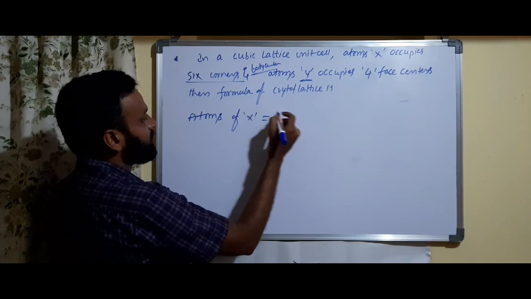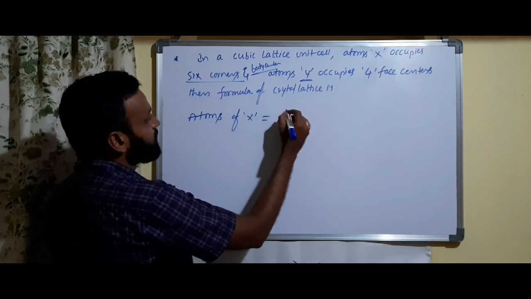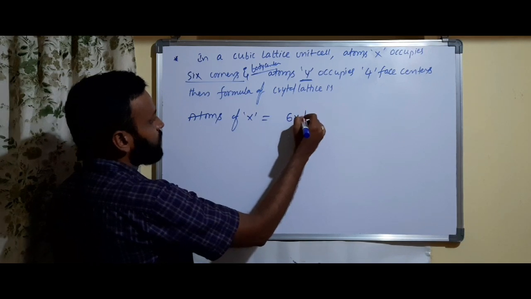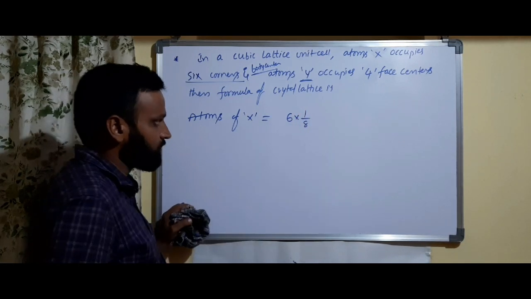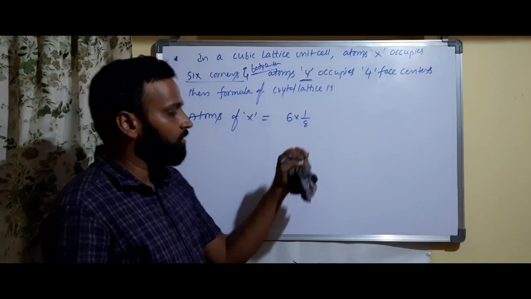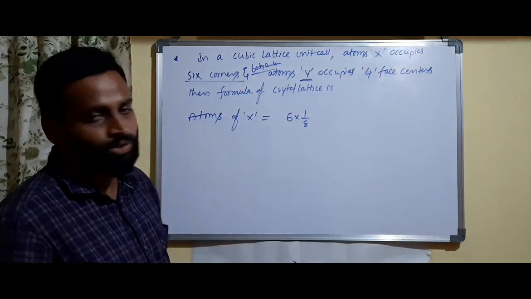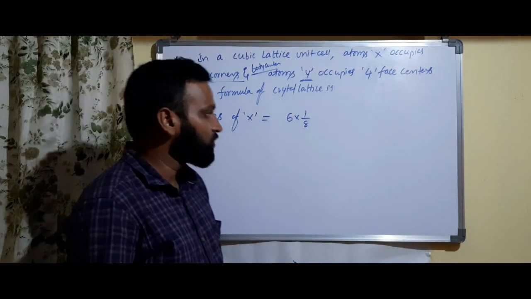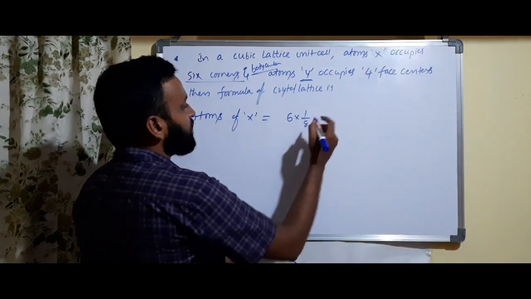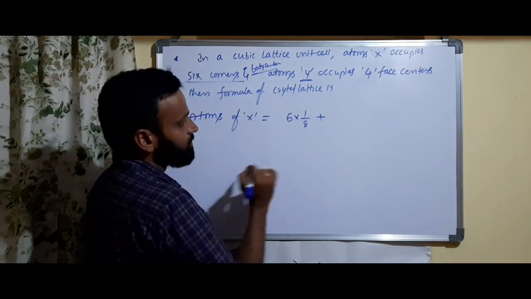How many do you have? 6 corners. So 6 into 1 by 8 you have to take. Normally 8 into 1 by 8 we take, but here only 6 corners are there, so 6 into 1 by 8 we have to consider, because only 6 corner atoms.